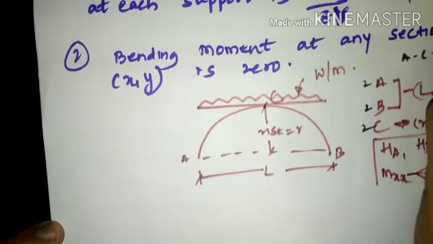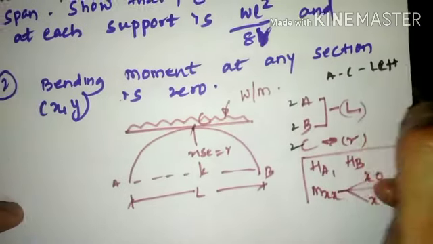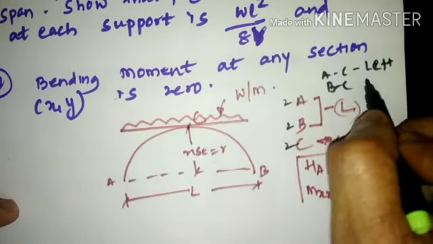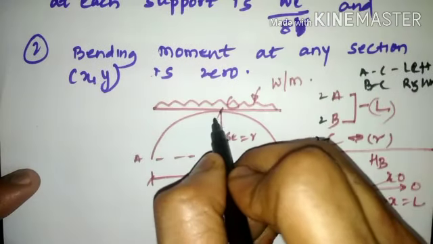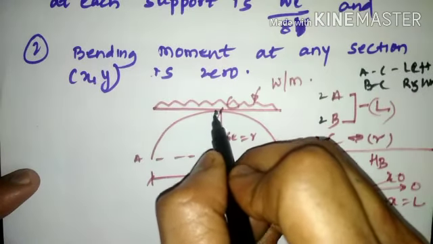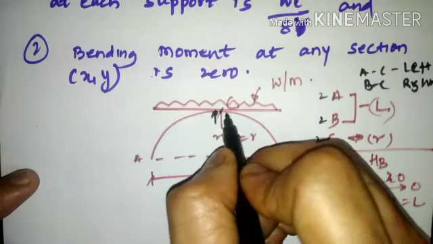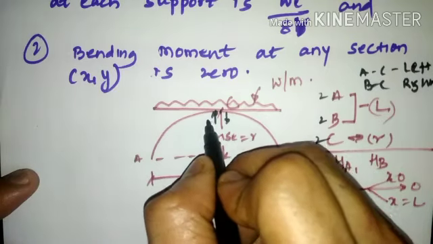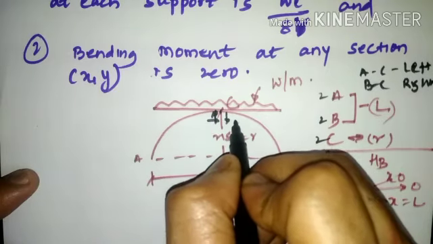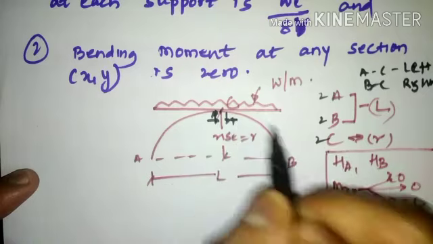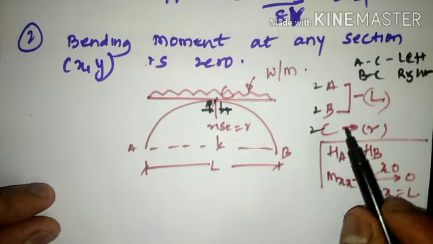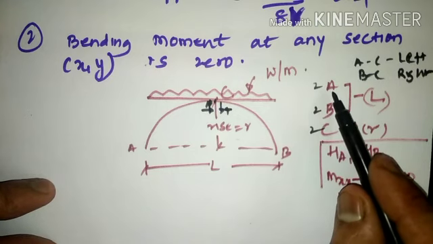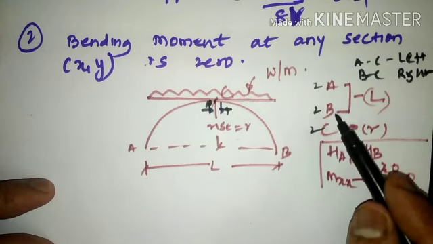For AC the reaction may be upward, whereas for BC it will be downward. Likewise for AC the reaction will be towards the right, and here it will be towards the left. So the net force at C will be 0. As a result, we are left with only the reactions at A and B.